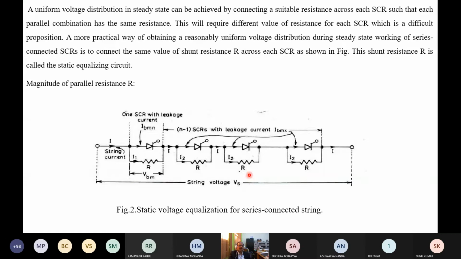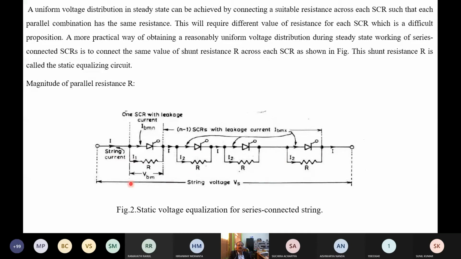However, when a large number of thyristors are connected in series, it is not practical to connect different resistances across each one, because you would have to stock a large number of resistors having different values. That is not a practical proposition.